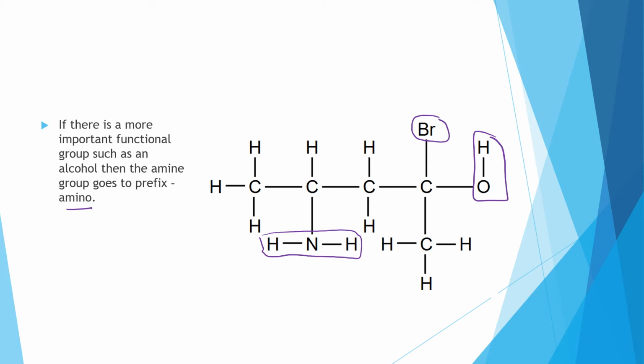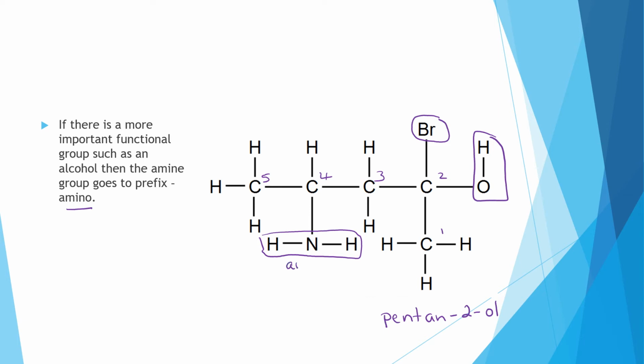Now the alcohol is the most important functional group present, so it needs to be in the lowest position on the longest chain. So 1, 2, 3, 4, 5. So this is pentan-2-ol.